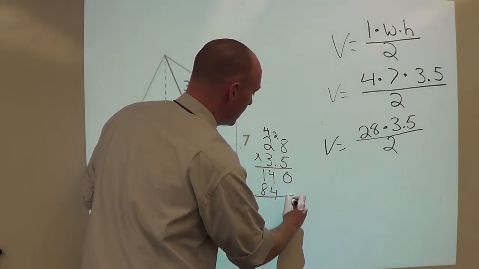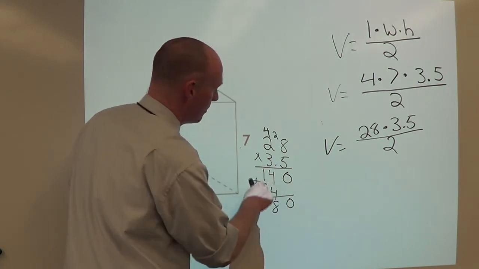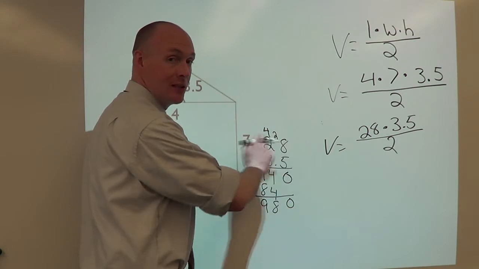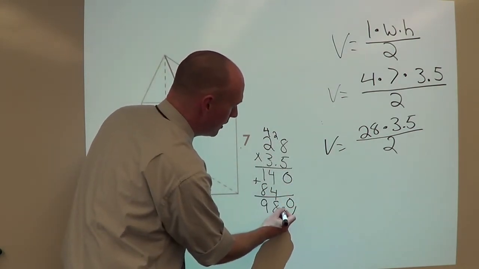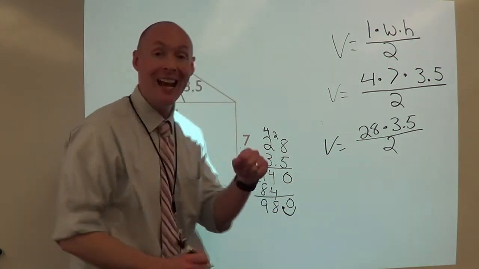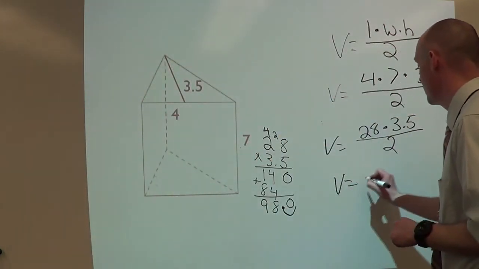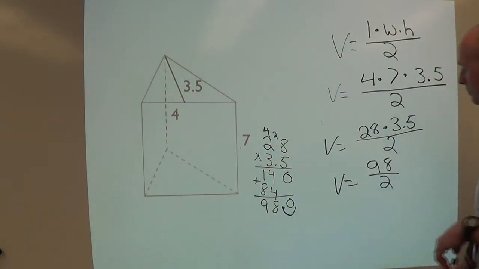Perfect. Add them up. That's 0. 4 plus 4 is 8. 1 plus 8 is 9. Check. I have no decimal places there. I have 1 decimal place there, so I need to move it in 1 decimal place. So we have 98. So volume equals 98 divided by 2.